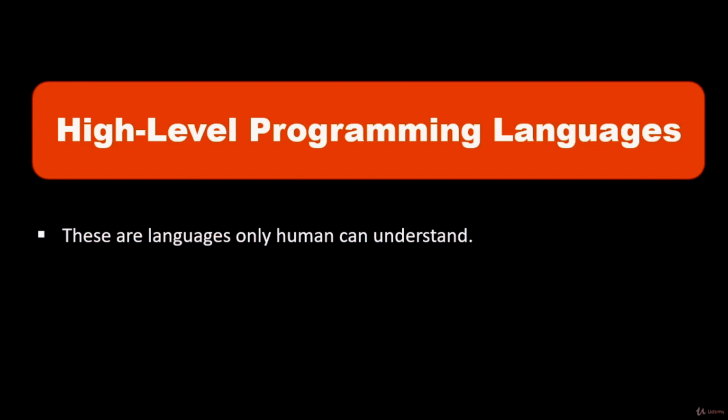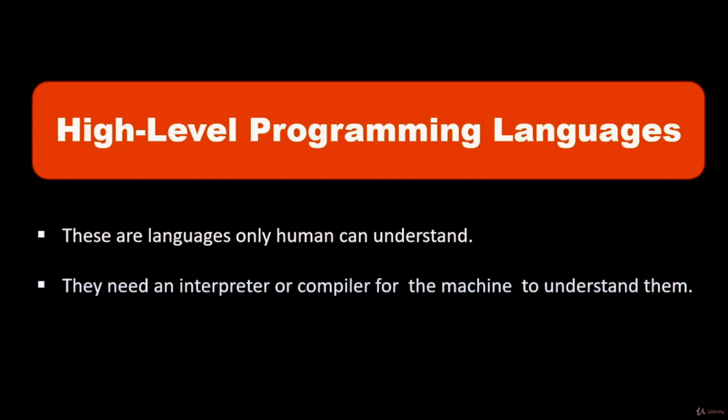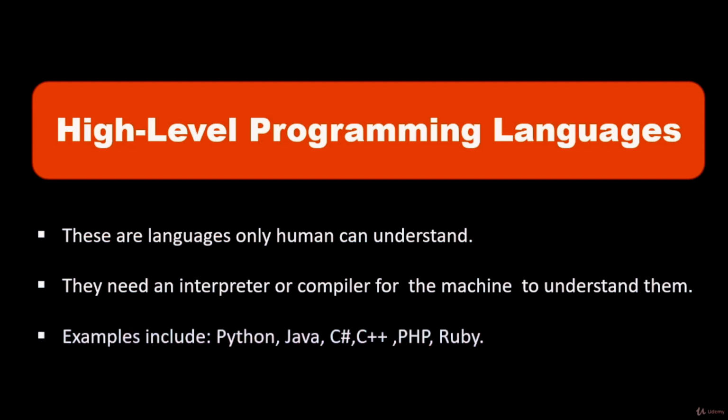They need an interpreter or a compiler for the computer or the machine to understand what the programming is trying to get it to do. Examples of high-level programming languages include Python, Java, C#, C++, PHP, Ruby, and there are many others.